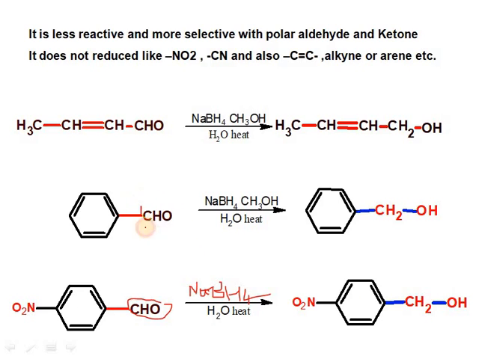Similarly, it only reduces the aldehyde group; it does not reduce the benzene ring. It only reduces the aldehyde group to the corresponding CH2OH, which is the product of sodium borohydride.